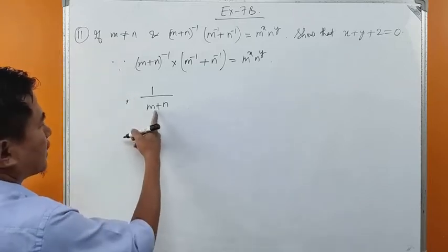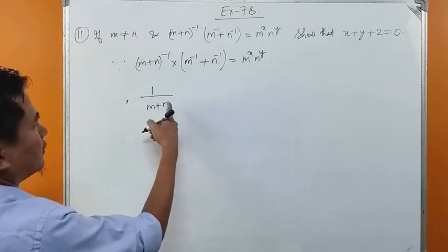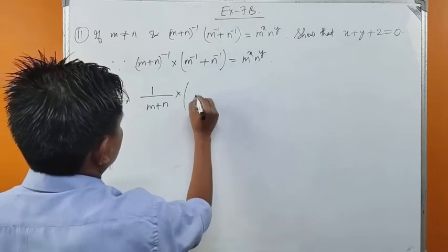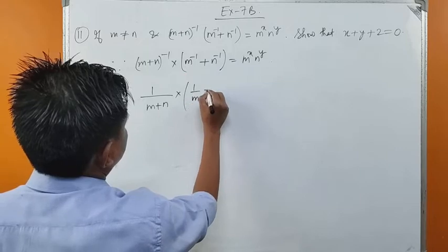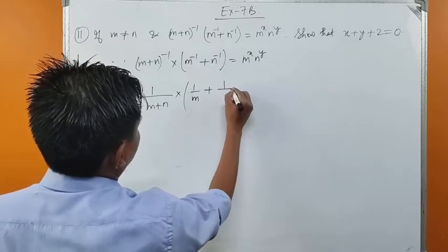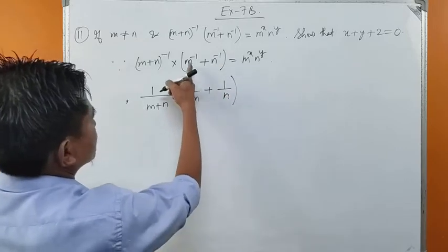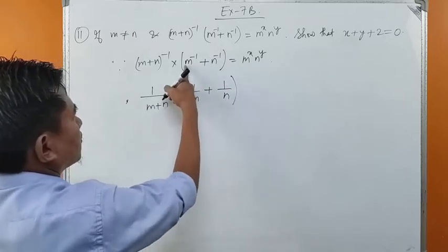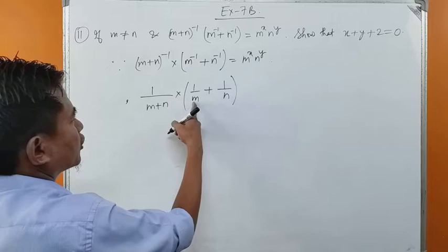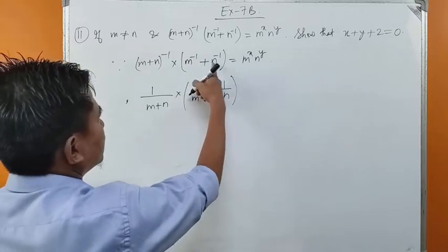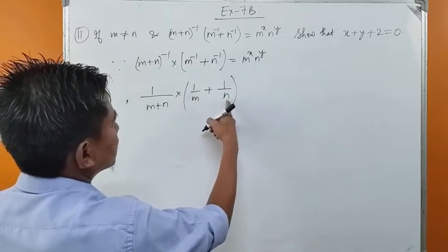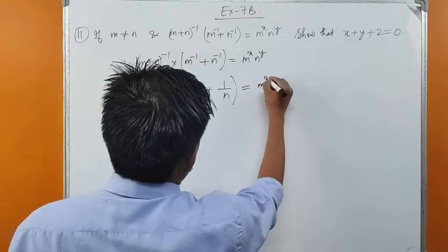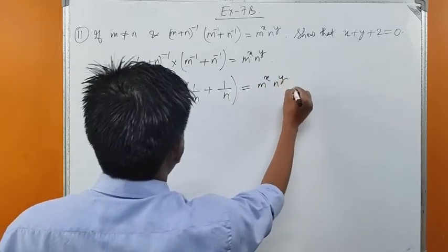So the power of this (m plus n) together is 1, into this becomes 1 upon m plus this becomes 1 upon n. The power changes to plus 1, here plus 1. M to the power minus 1 when taken to the denominator becomes m to the power plus 1. N to the power minus 1 when taken to the denominator becomes n to the power plus 1, equals m to the power x, n to the power y.